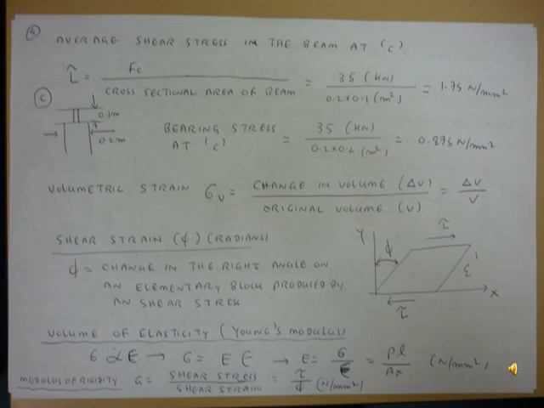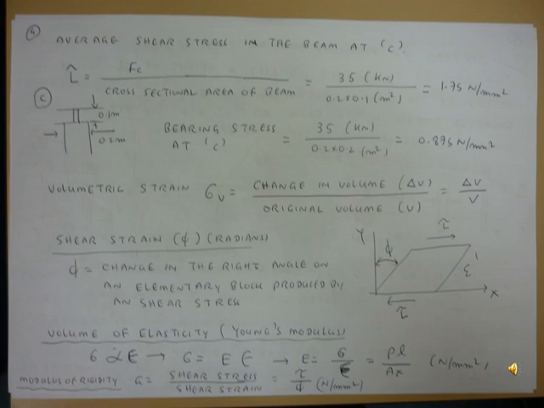Volumetric elasticity, or the Young modulus, can be calculated. In this case, the stress is proportional to strain, and E will be the Young modulus. So E is equal to stress divided by strain. Therefore, the stress can be calculated as E multiplied by strain.